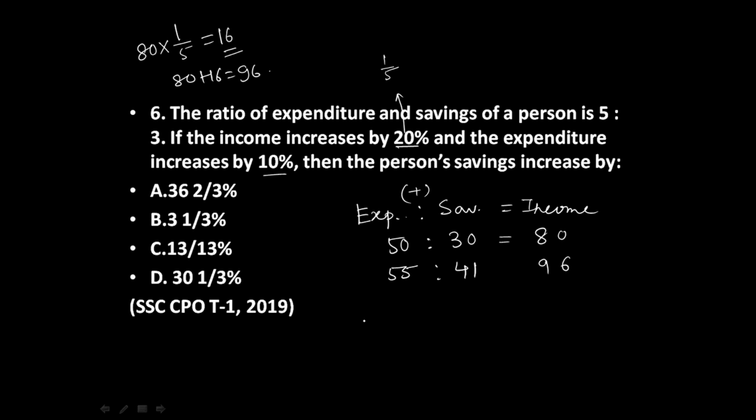So the percentage increase in savings is 41 minus 30, which means 11. 11 upon 30 into 100. So the zeros are gone, 110 by 3 means it will be 36 and 2 by 3%. So option A will be the right answer.